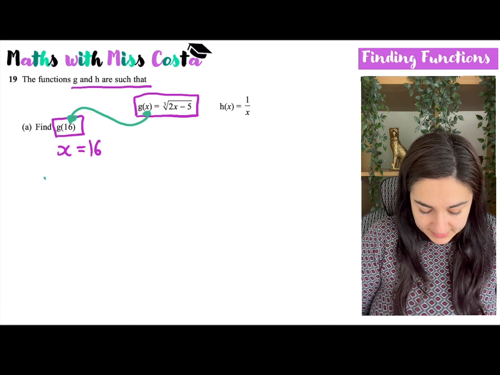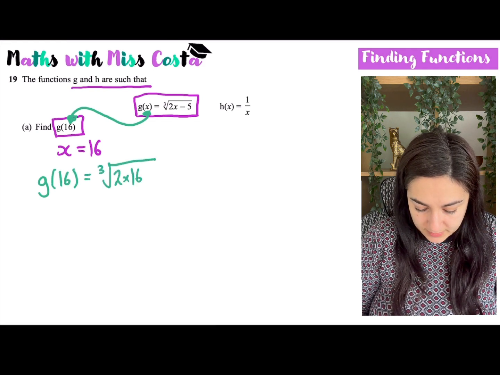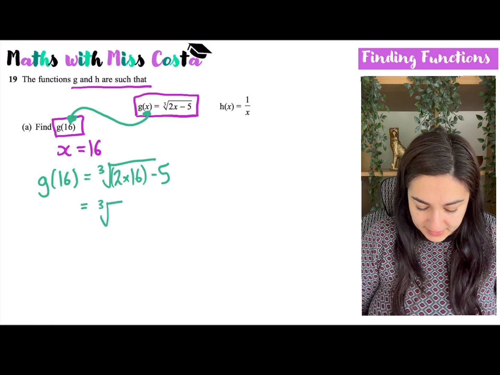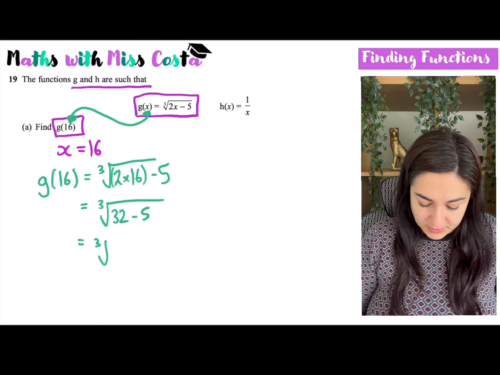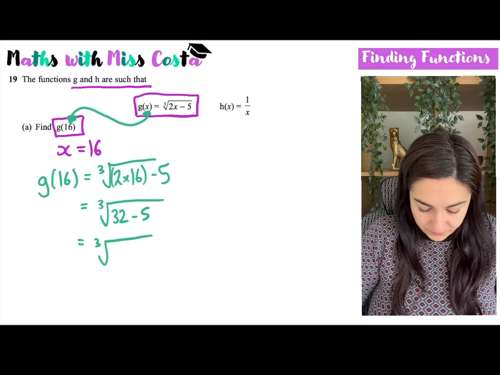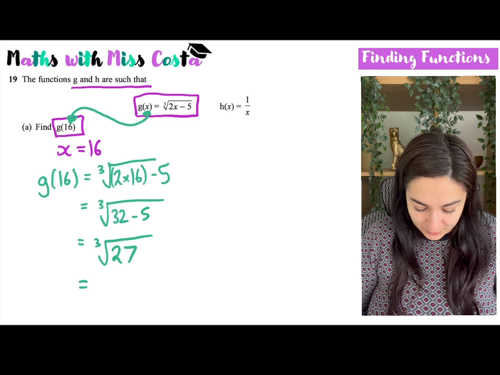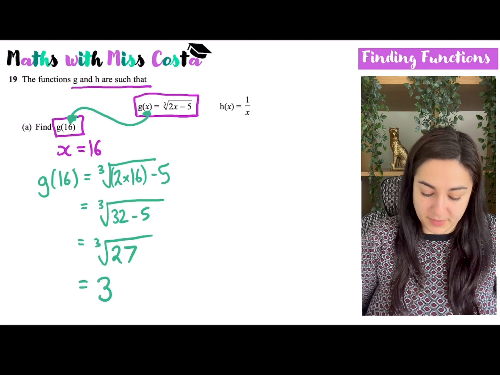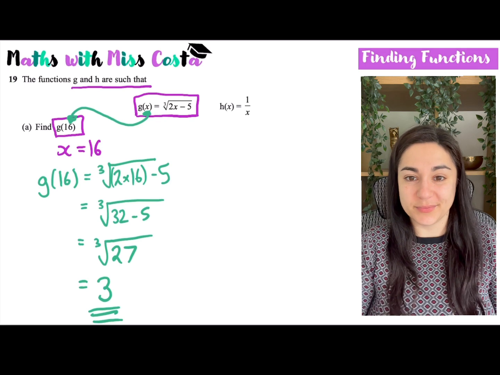So g of 16 is going to be the cube root of 2 times 16, take away 5. Okay, so I could simplify that before putting that into my calculator if I want. So that would be 32 take away 5 is 27. And actually, I don't even need to use a calculator for this because the cube root of 27 is 3. But of course, if you're not familiar with the cubes, then use a calculator.